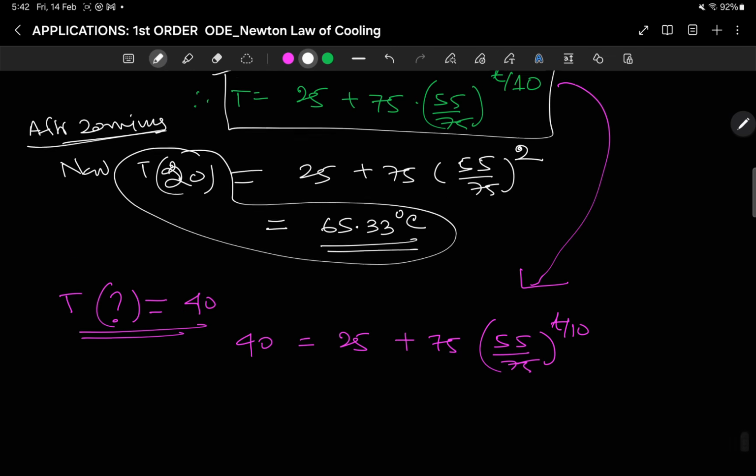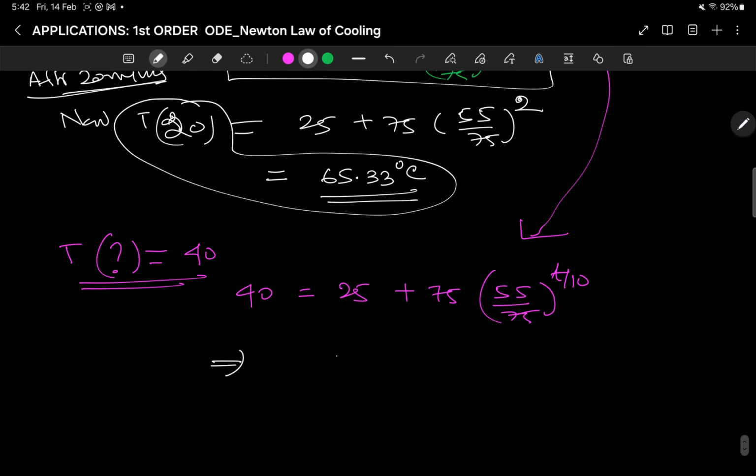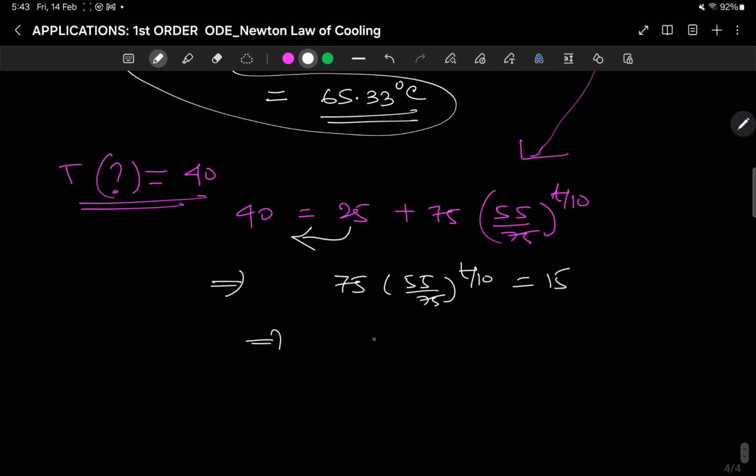If you simplify it, 75 into (55 by 75) to the power t by 10 is 40 minus 25, which is 15. So (55 by 75) to the power t by 10 is 15 by 75.